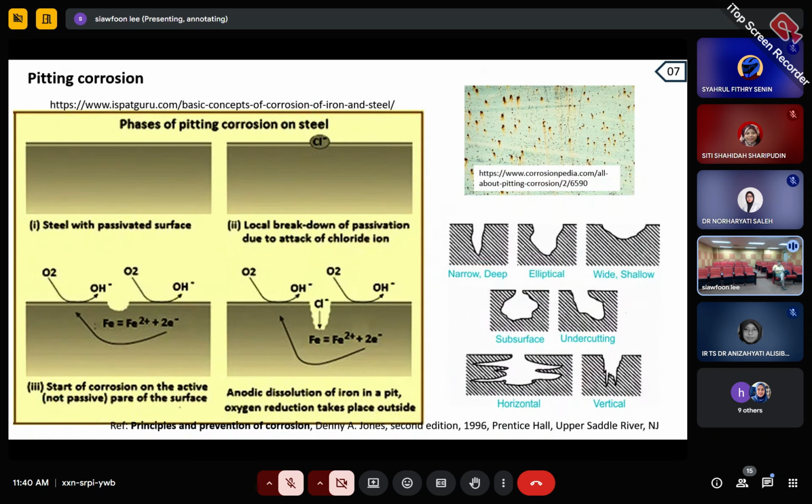Okay, another question. Does rust on embedded rebar in PC affect the dielectric property and magnetic property? Yes.